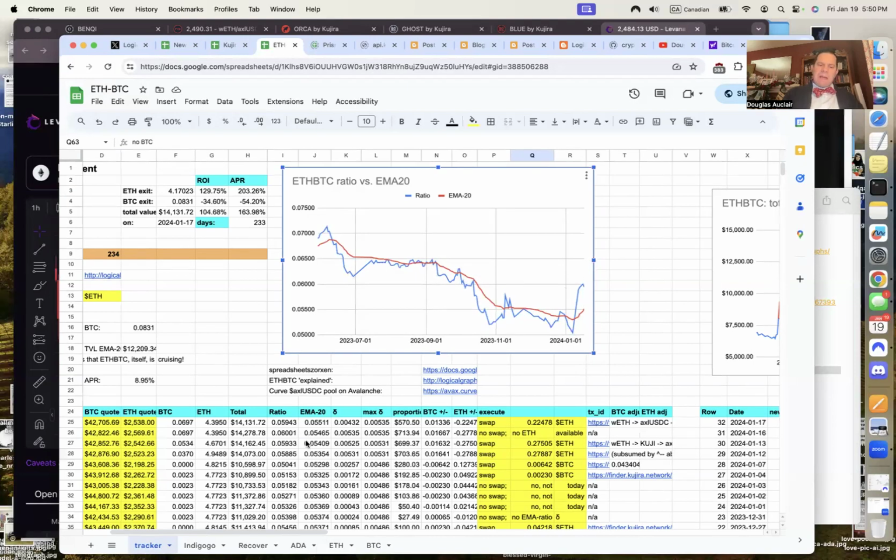So what I do is I track the deltas of the differences between the ratio and the EMA 20. And I track the delta day by day, and then I track the max delta over the accumulated time. And so when I have the delta versus the max delta, then I have another ratio, and that ratio tells me how much to sell of the token.